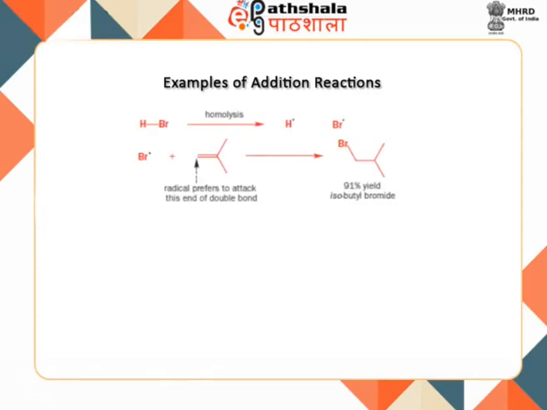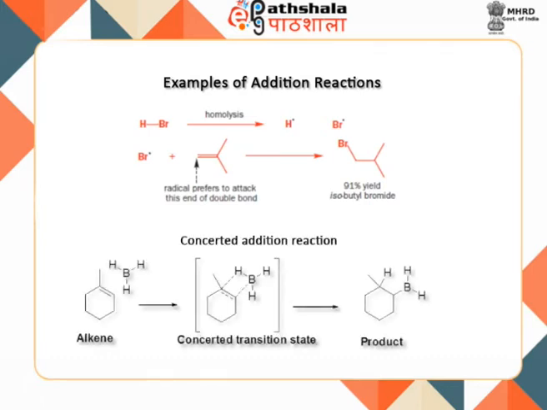The reaction of alkene with hydrogen bromide in the presence of organic peroxide is a free radical addition reaction. Recall that bromine free radical attacks, in this case forming anti-Markovnikov's product as a major product via a more stable radical intermediate. Example of concerted addition reaction is hydroboration of alkene.